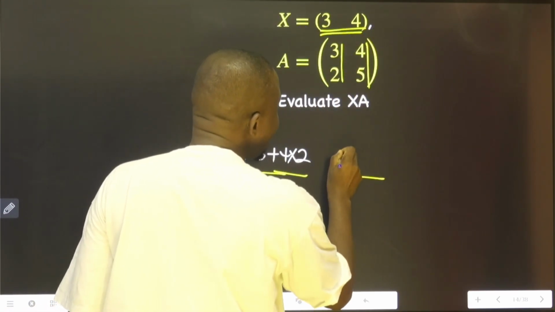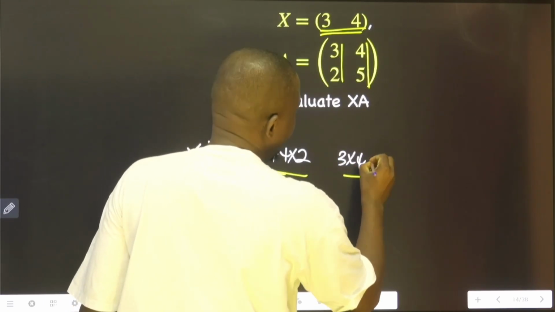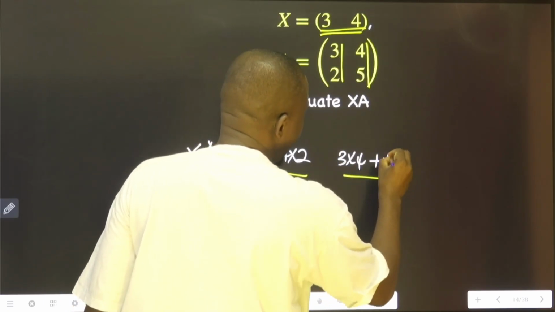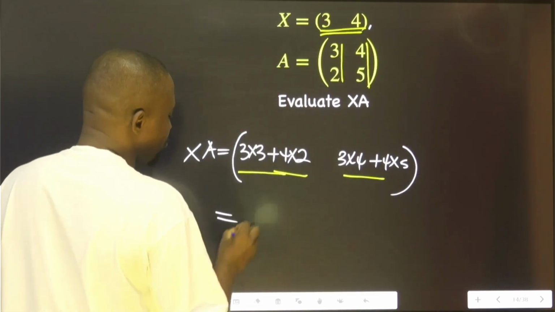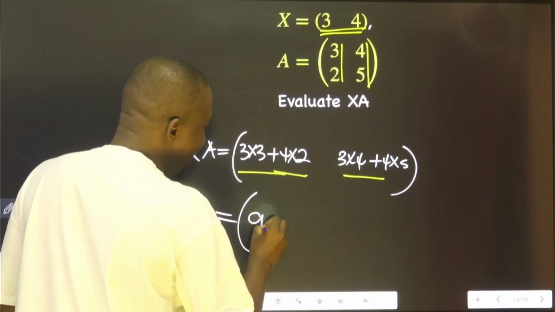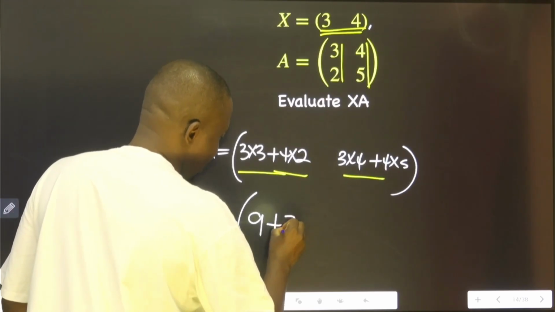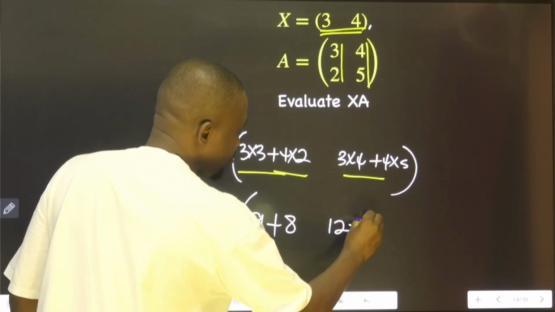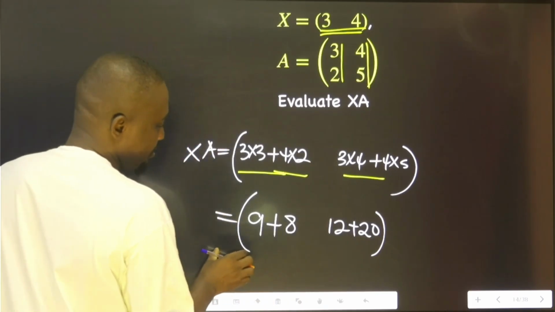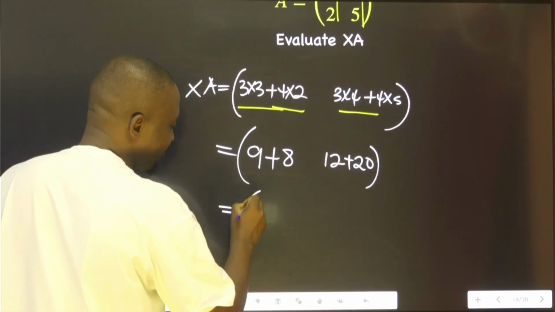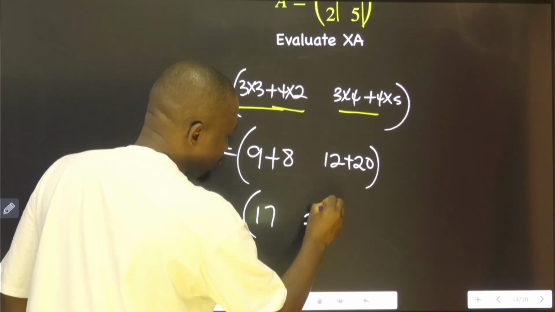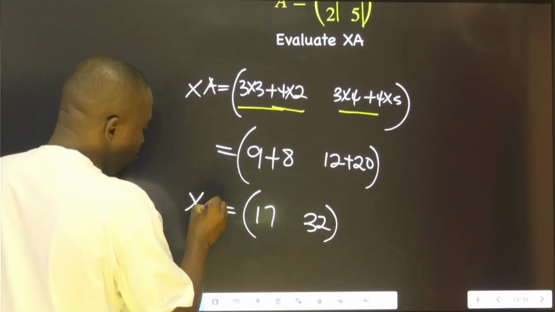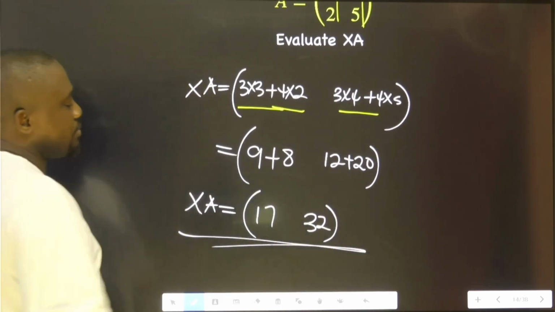That is 3 multiplied by 4 plus 4 multiplied by 5, is equal to 9 plus 8, 12 plus 20. You agree with me that this is 17, this is 32. So this is a new matrix.